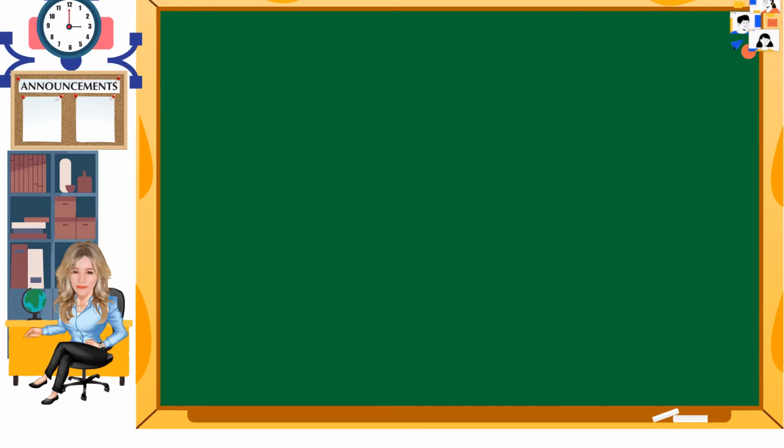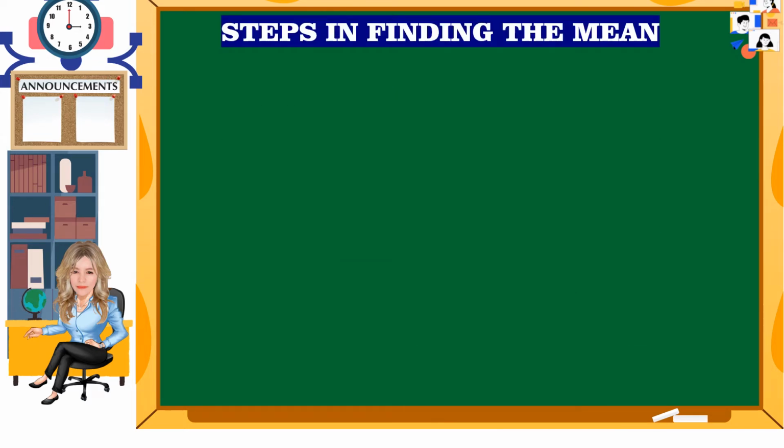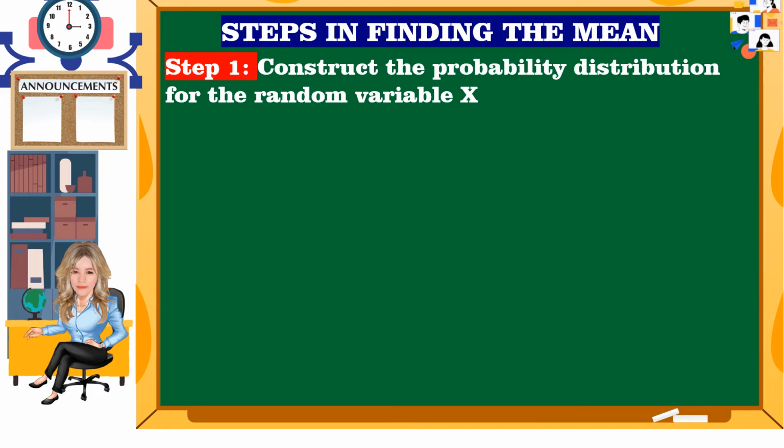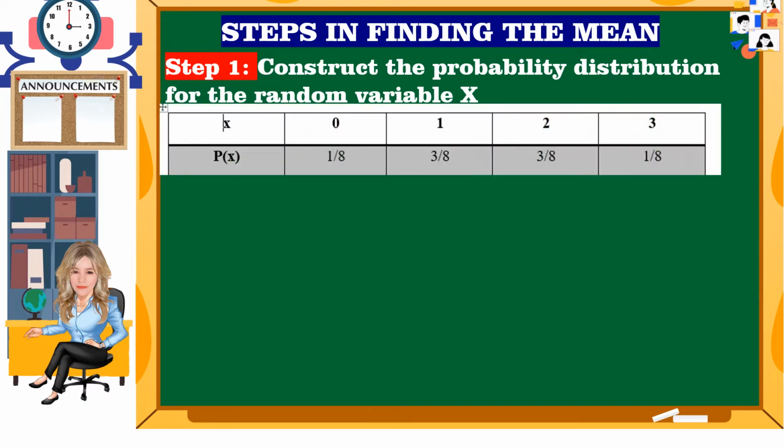Let's do it in a step-by-step procedure on how to find the mean. First, you need to construct the probability distribution for the random variable x. This time, we will use the previous example, where x is equal to 0, 1, 2, and 3, and the corresponding probability p of x, 1 over 8, 3 over 8, 3 over 8, and 1 over 8.